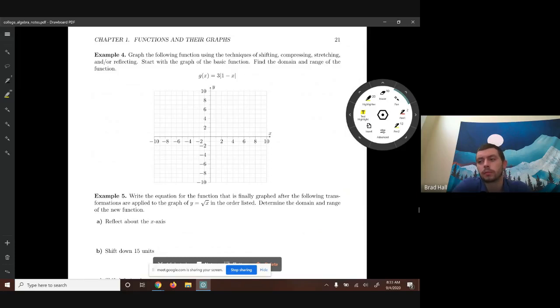Honestly, I don't really like this problem because it doesn't follow the traditional flow of the other problems, in the sense that it doesn't give you that box to fill in horizontal, or a slider to move around for the vertical shift and horizontal shift.